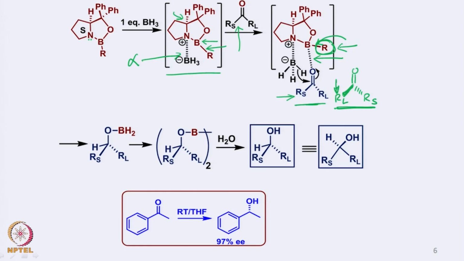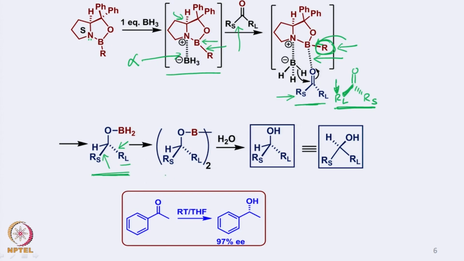Therefore, in such a situation the carbonyl group orients in such a way that the large group goes behind and the small group comes towards us, which is more towards the R group. In that situation the hydride is transferred the way I have shown it here. If RL is going behind and RS is coming towards us, RS meaning small substitution and RL the larger substitution, then the hydrogen is transferred into the plane and therefore we get the intermediate of this kind.